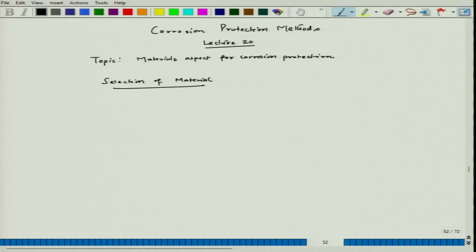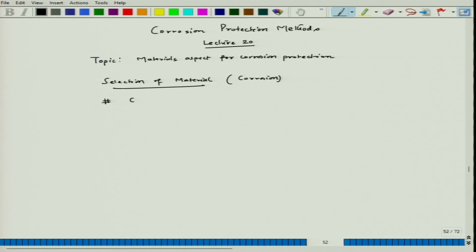So, this is selection of material only on the basis of corrosion. So, corrosion is the basis, fine.